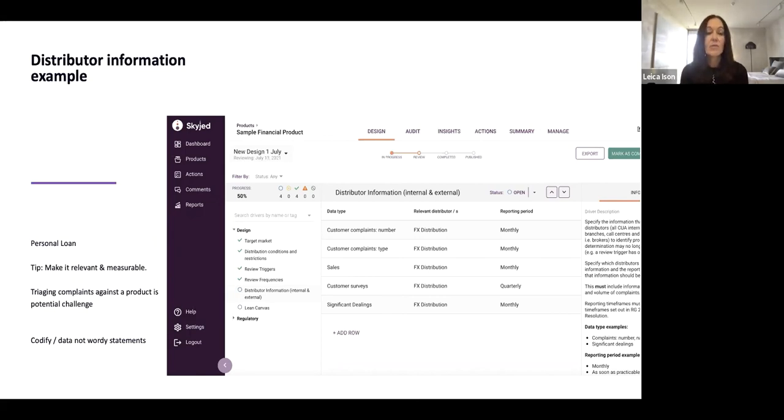So if I've set a review frequency for a product to be every 90 days, logically I need to be able to get information back either on a quarterly or a monthly basis from my distributors. So I've got that data to be able to make the informed choices around the risk of the product and the risk of that distribution channel. So in this driver, I've just listed out the data type for the distributor and the reporting period of those.